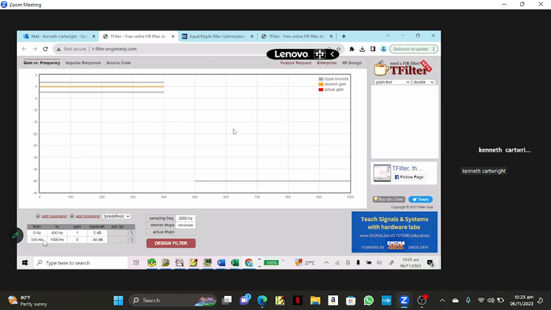So we desire the orange line. That's what we desire. We want 0 dB, but we want equal ripple about that.